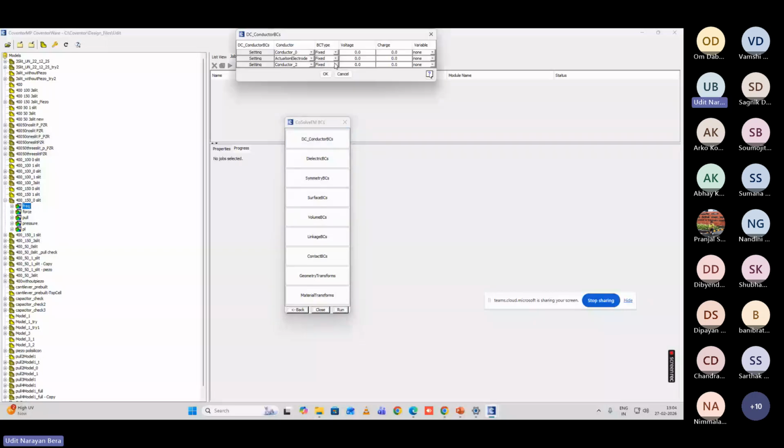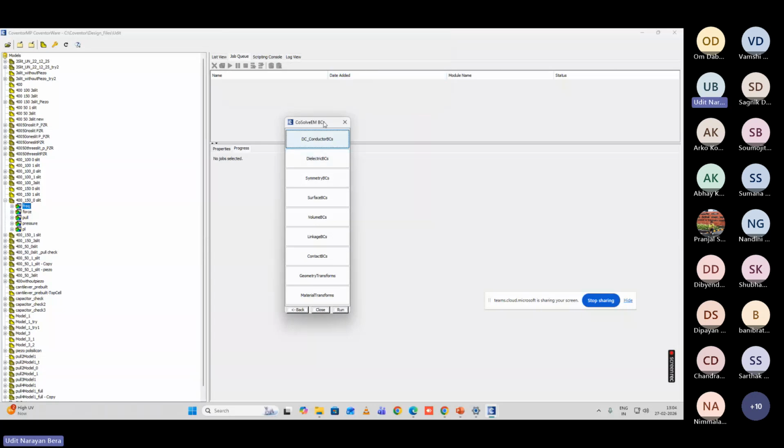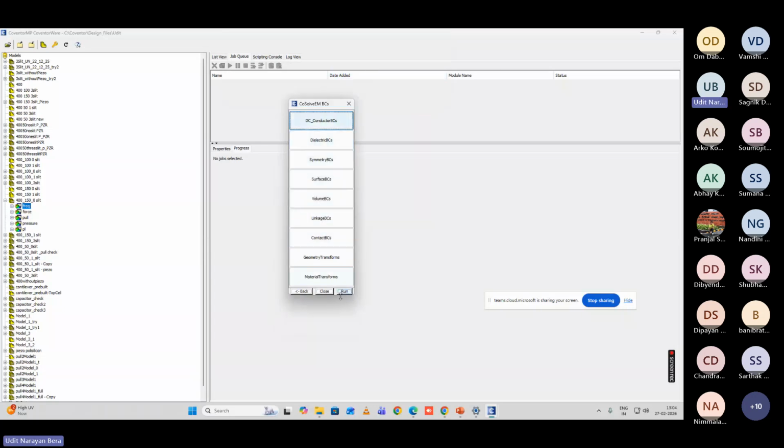Boundary condition, that is 1 volt. And here, let's take it voltage. Now, likewise, and then you can go for run.